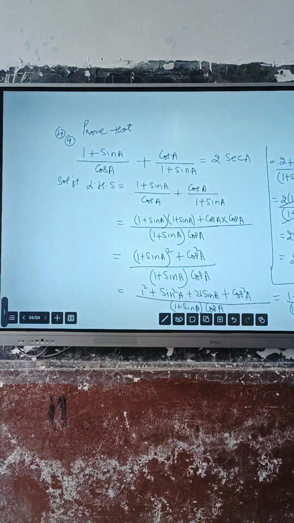So we have proved 1 plus sin A over cos A plus cos A over 1 plus sin A is equal to 2 times secant A.